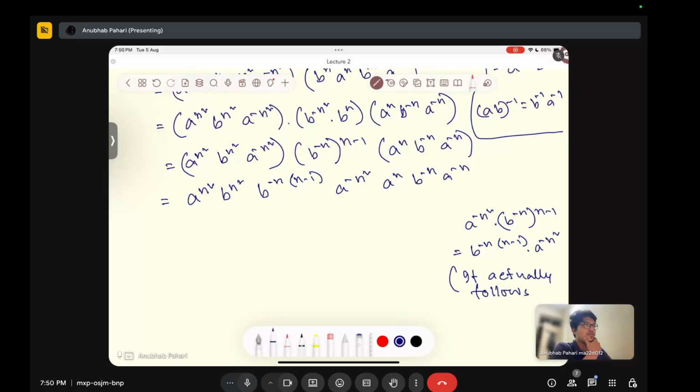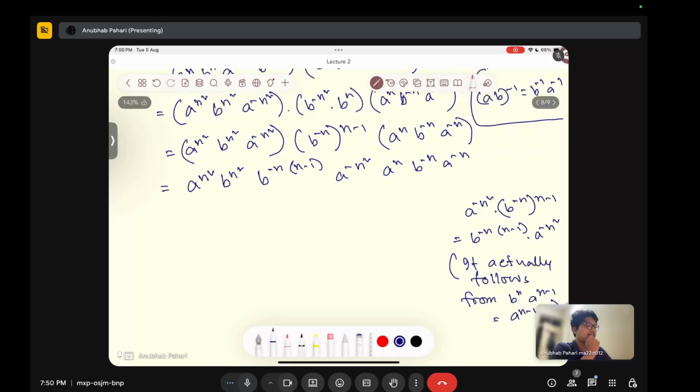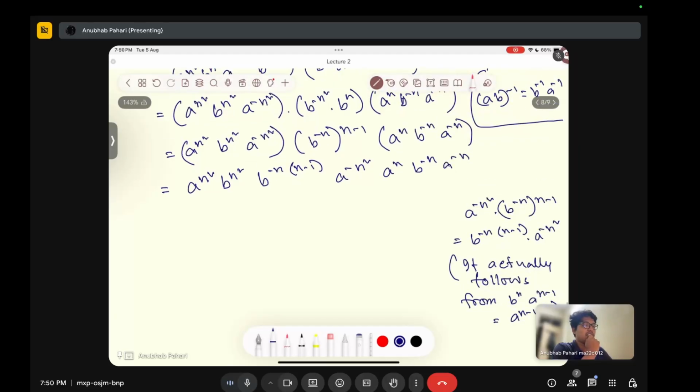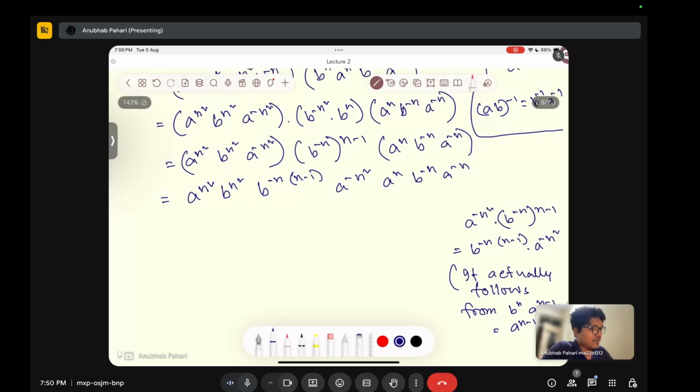It actually follows from b^n a^(minus 1) equals to (n minus 1) b^n. Just think and post it in the community group, community mail, or whatever is better.